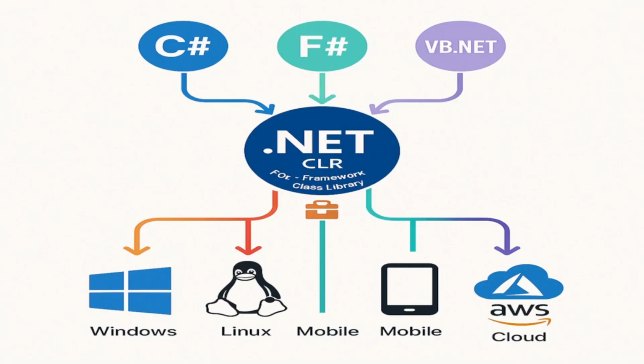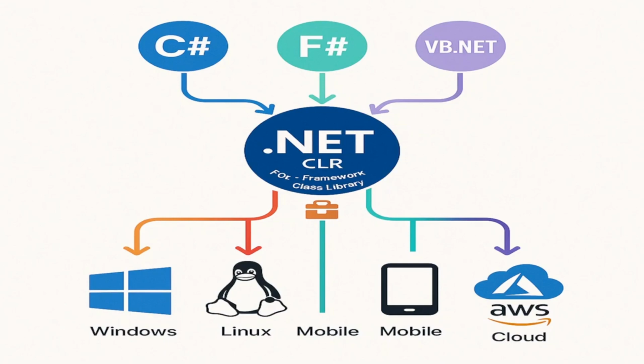For example, handling files, input, output, working with networking features, building web APIs, and the CLR, which you see here in the center part within the circle. This is the main heart which handles the execution.